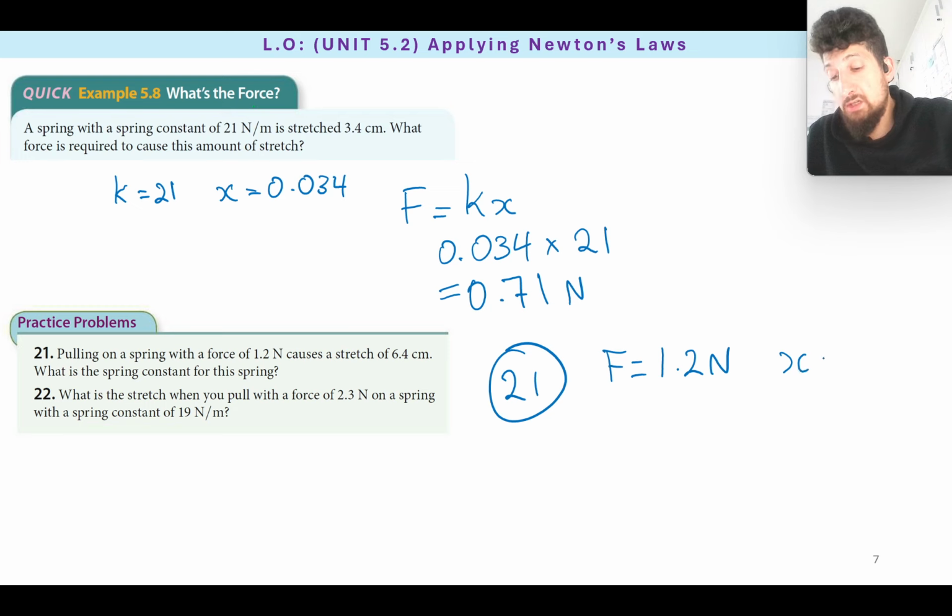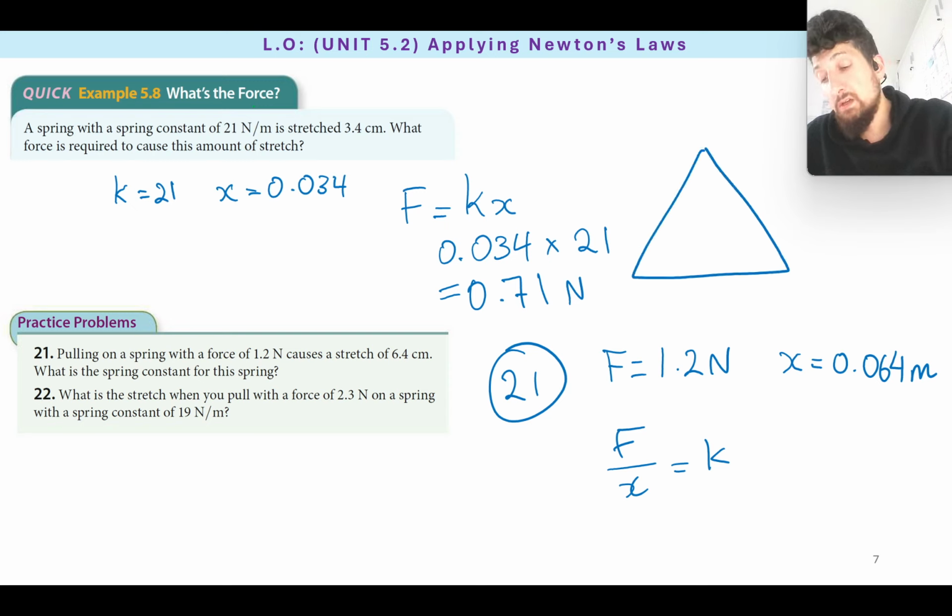The stretch equals 0.064 meters. What is the spring constant? The spring constant is going to be F over X equals K. How do I know that? Well, there's another triangle for you.